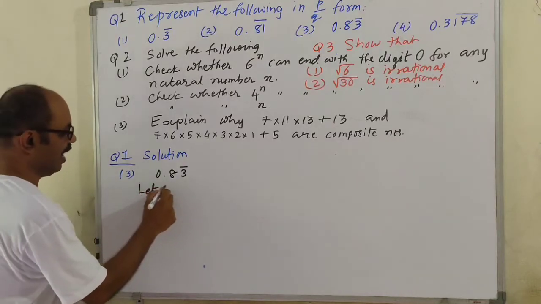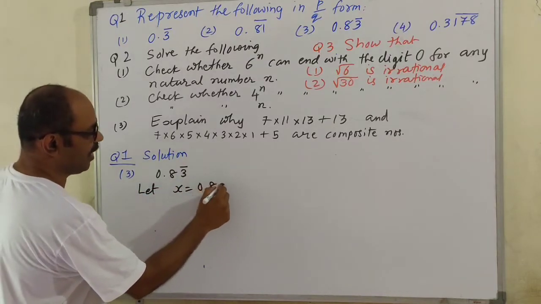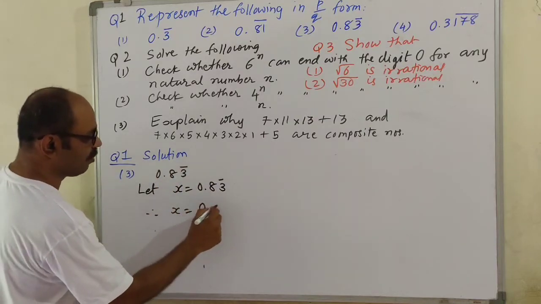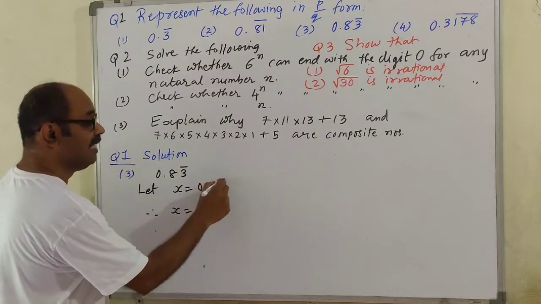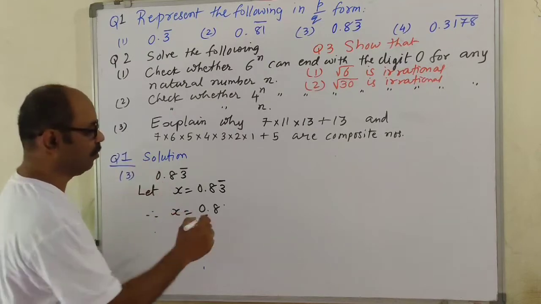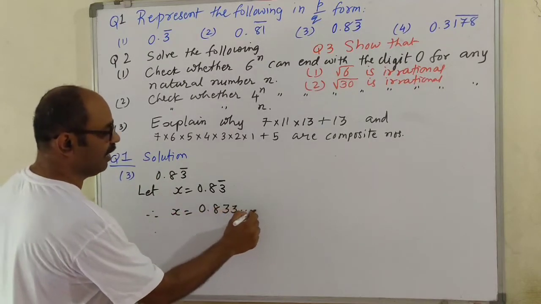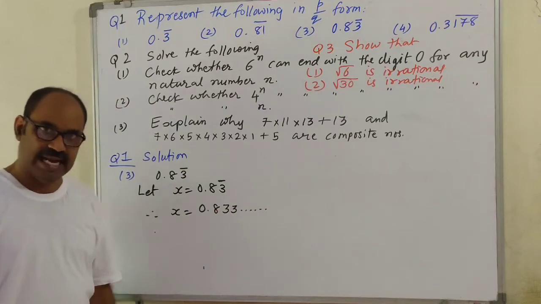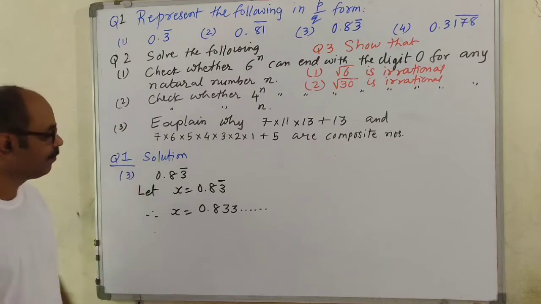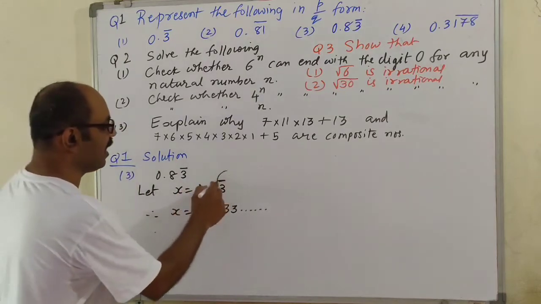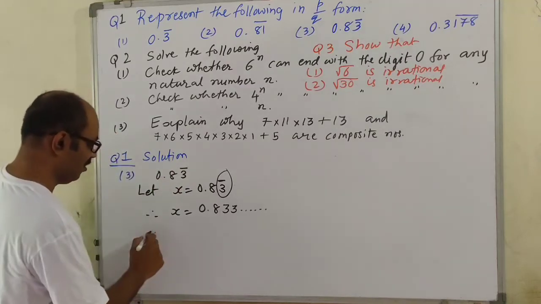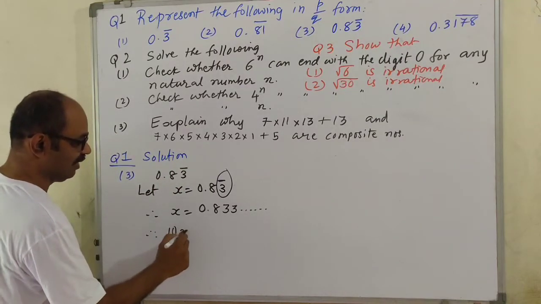Okay. Let's see. As usual, let x is equal to 0.83 bar. Remove that bar. So x is equal to 0.8. One digit is recurring, हमने बोला 2 बार चाहिए, जो भी recur होता है वो digit double बार करो. 3 3 and after that you can put dot dot dot. Is that clear? Now how many digits are recurring? Only one, so multiplying by 10. Be careful now. Therefore if you multiply here by 10, it's 10x.